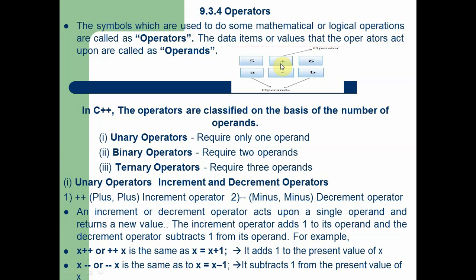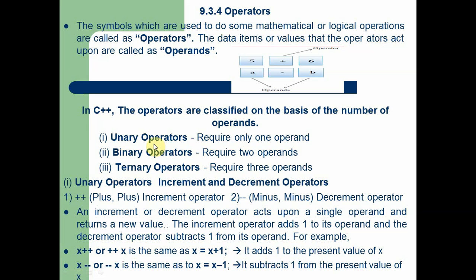In C++, these operators can be classified into three types based upon the number of operands required. So depending upon the number of operands, for example, the plus operator requires two data, two values. In the same way, the minus operator requires two values. So depending upon the number of values, operators are classified into three categories.